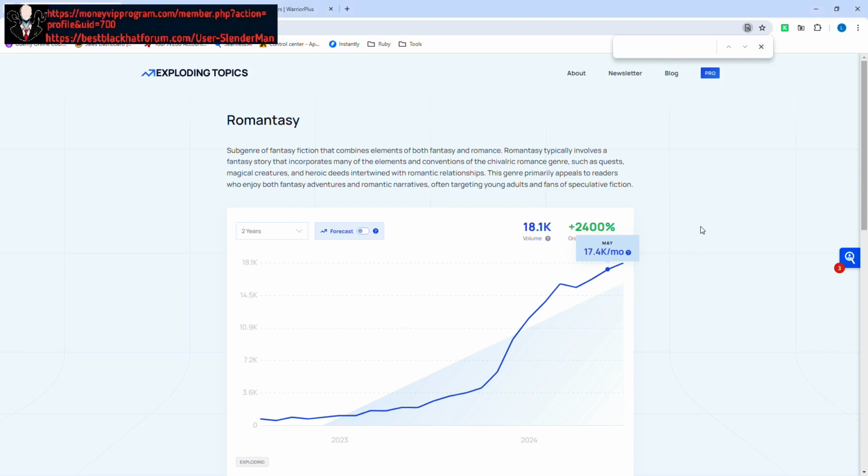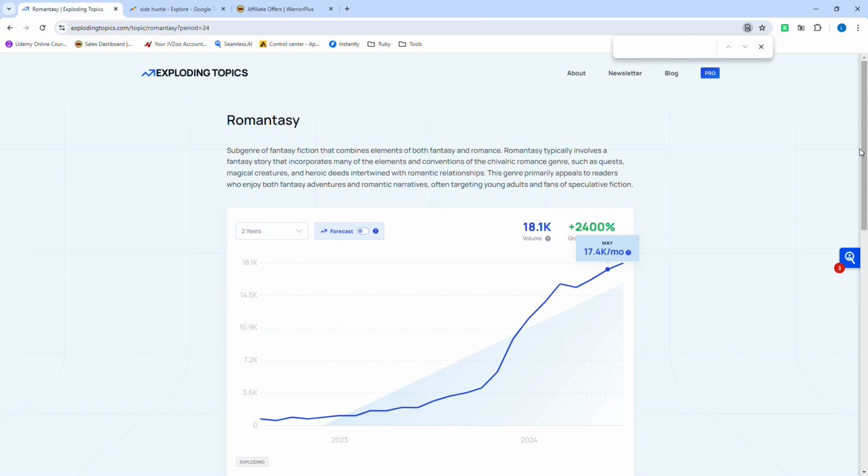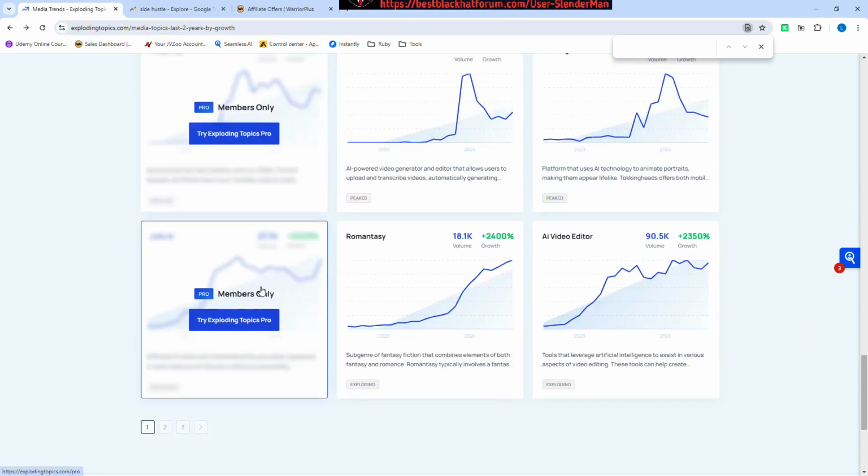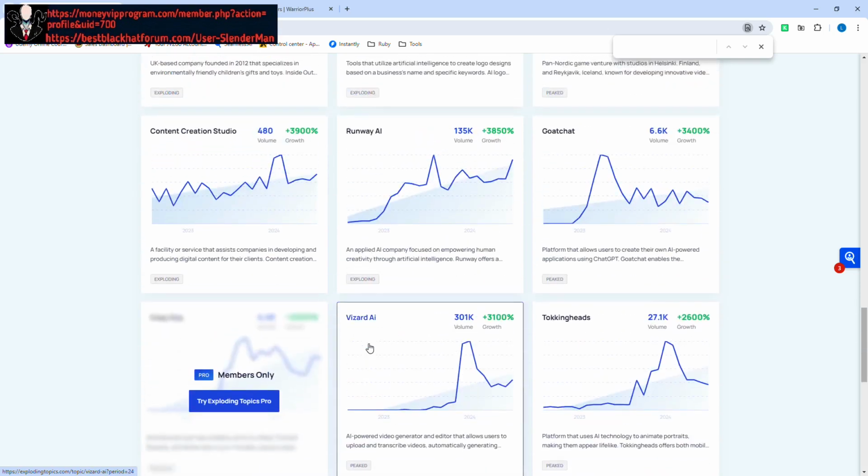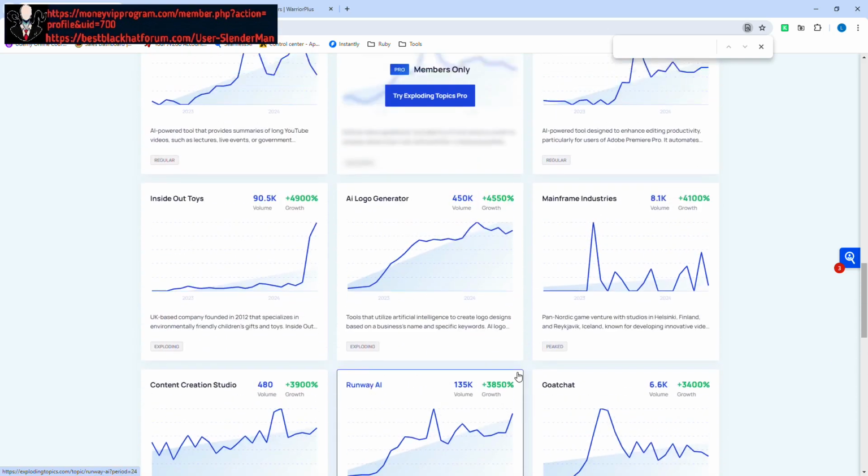We'd crank out a short fiction story about a knight who slays magical creatures to save the princess and wins her love. I mean, isn't that like the story of Shrek? Anyway, that's interesting. So this is how you can get ideas just poking through Exploding Topics.